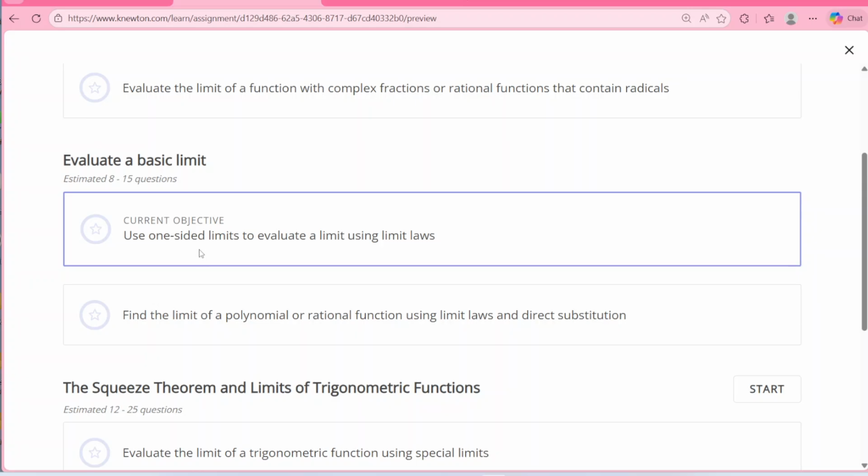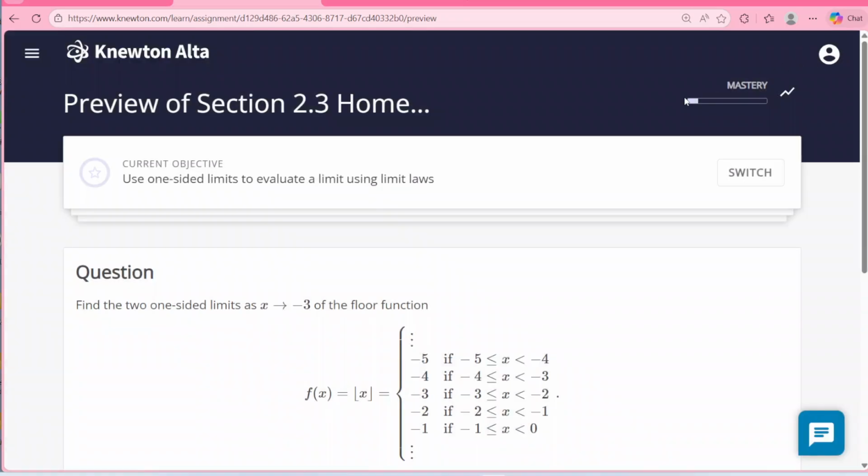You can pretty much just substitute. So yeah, we're going to be in these two objectives for a bit.